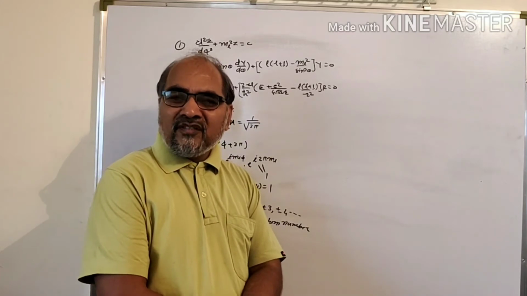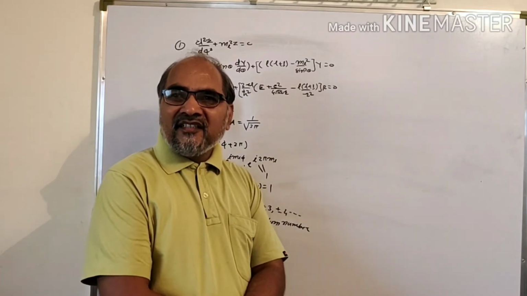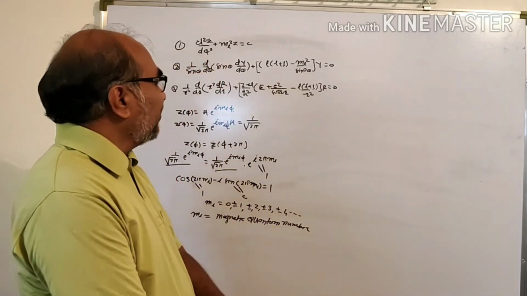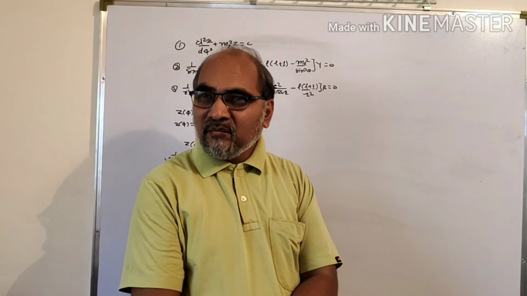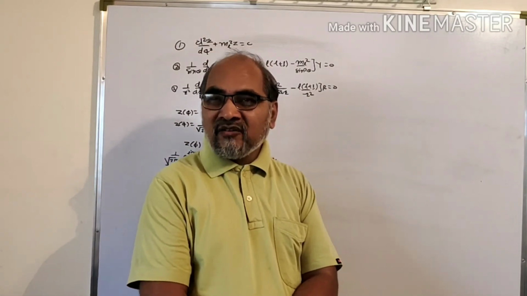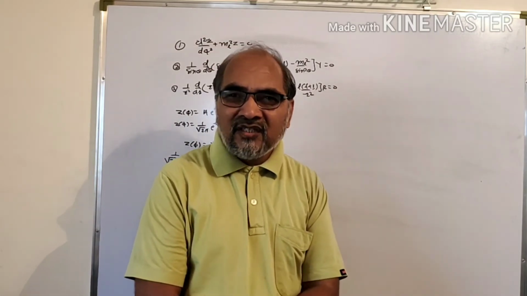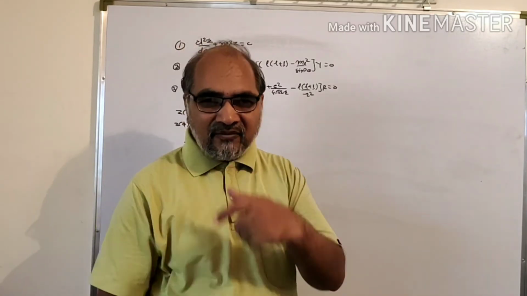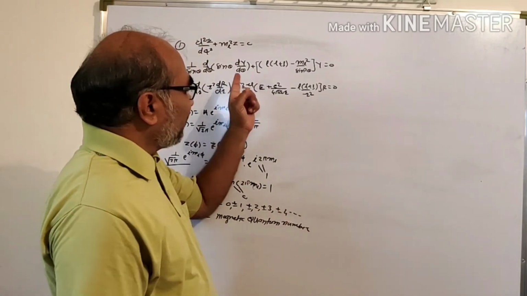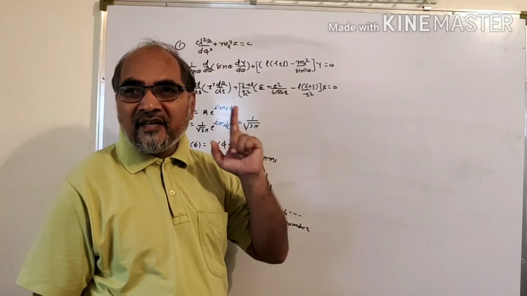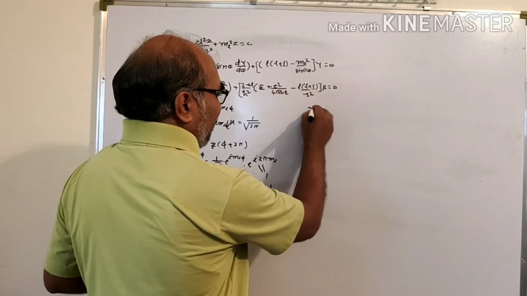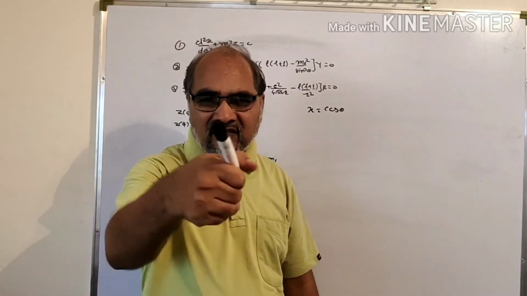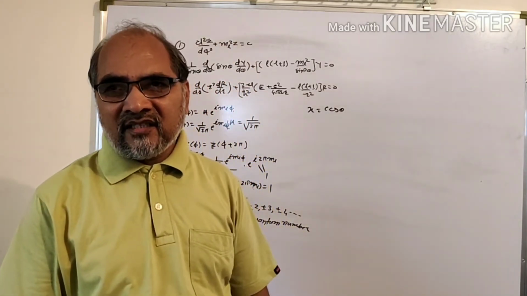This is 1 upon sin theta d by d theta of sin theta dY by d theta plus L into bracket L plus 1 minus ml square divided by sin square theta Y is equal to 0. This is the associated Legendre equation, and it can be solved by substituting x equal to cos theta. We did that exercise in the rigid rotator example.